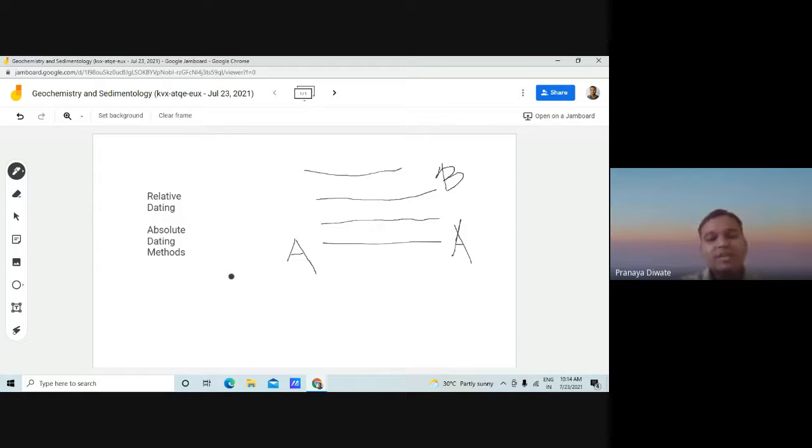Now, what is absolute dating? Absolute dating is when you pinpoint the age of anyone. For example, I have the birth certificates of Kritika and Rahul.